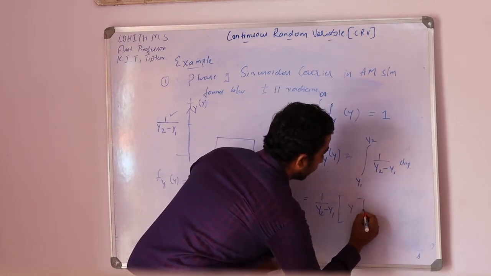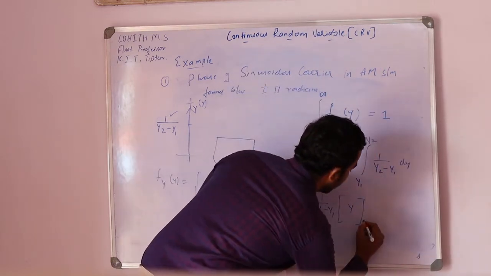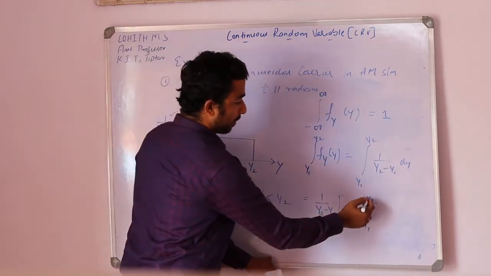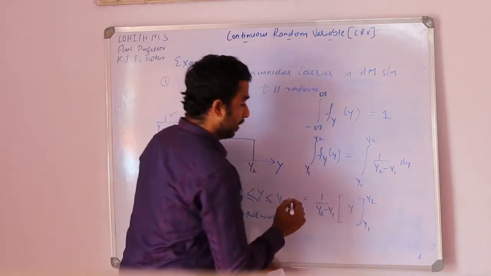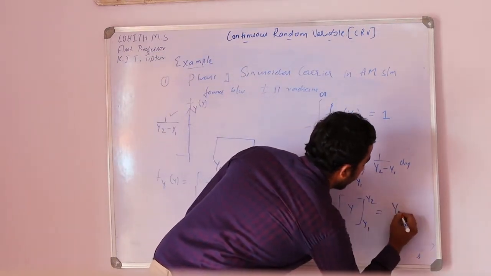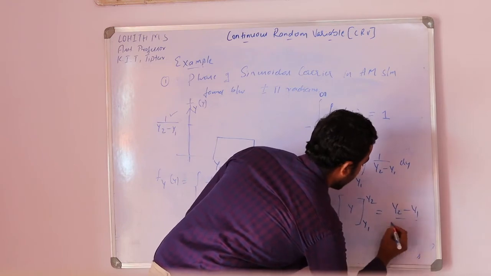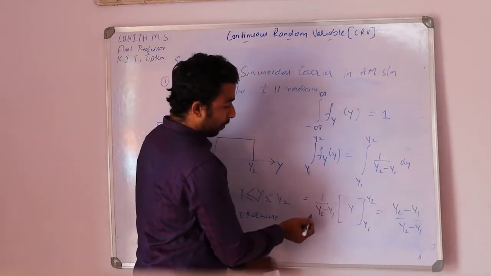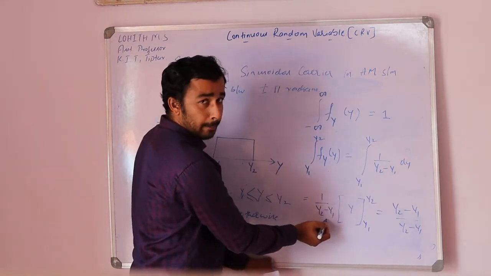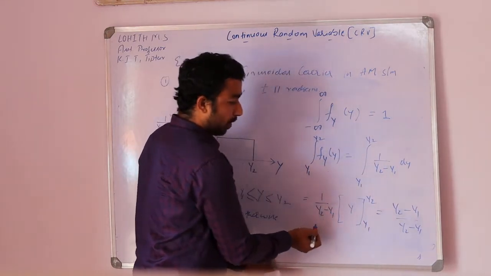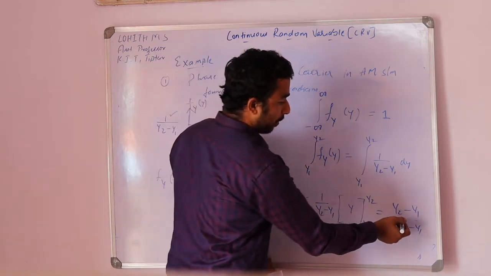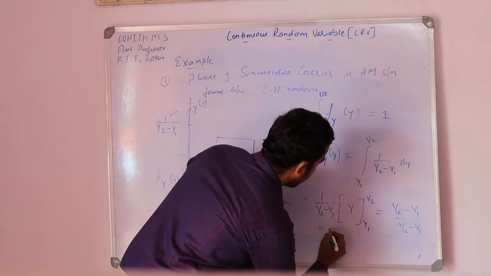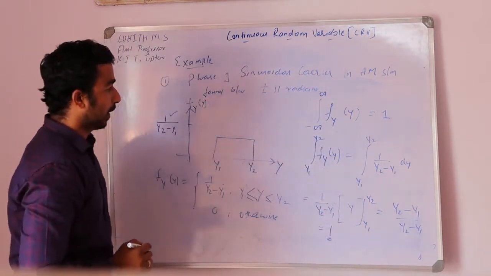We integrate 1 to get y, with the limit from y1 to y2. Upper limit minus lower limit gives y2 minus y1 divided by y2 minus y1, which gets cancelled and equals 1.